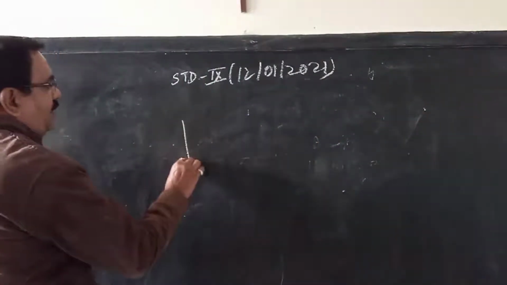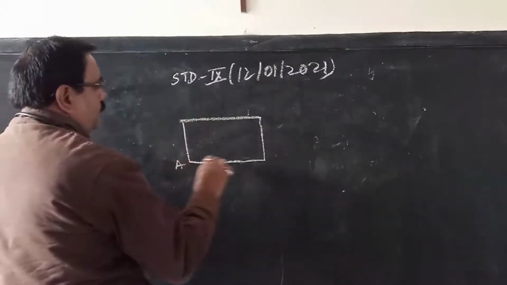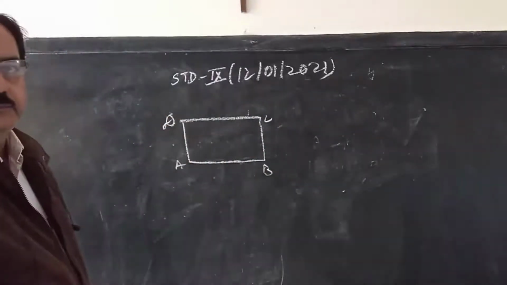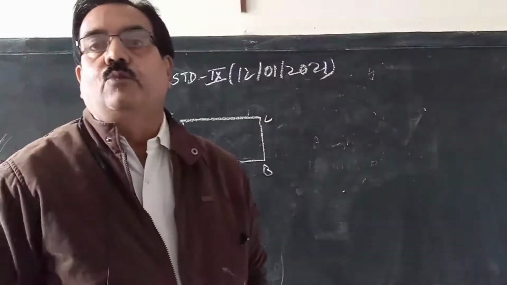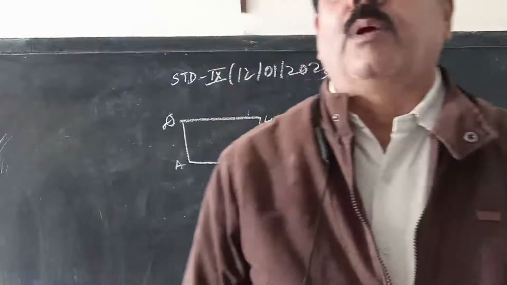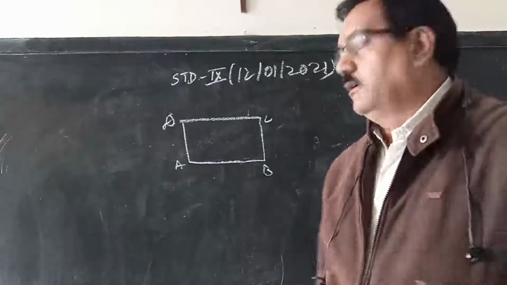This is rectangle ABCD, given. We have to prove that the diagonals of a rectangle are equal. You know the property, diagonals of a rectangle are equal, but we have to prove it.